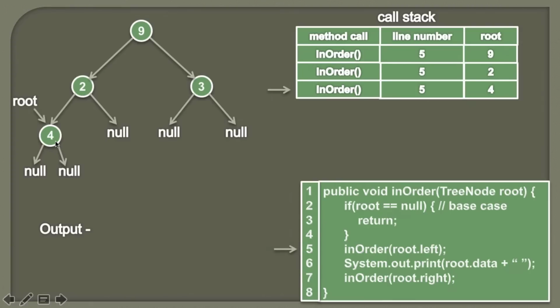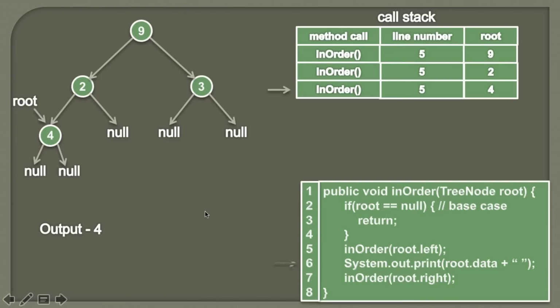Moving ahead. So friends, here you can see for the node 4 we have processed the left subtree. Now is the time to process the actual node. So we simply print root's data on the console. On the output you can see 4 will be printed because root's data is 4.